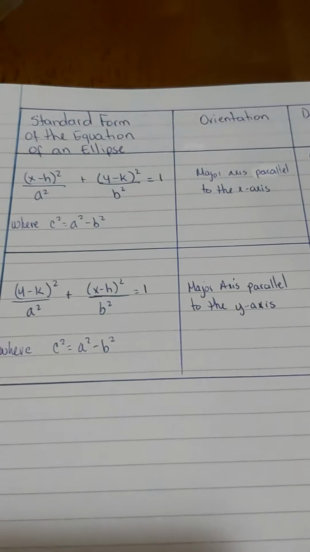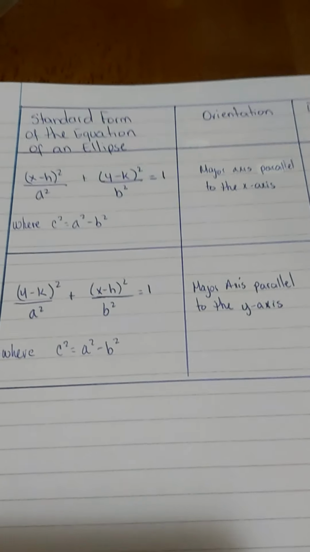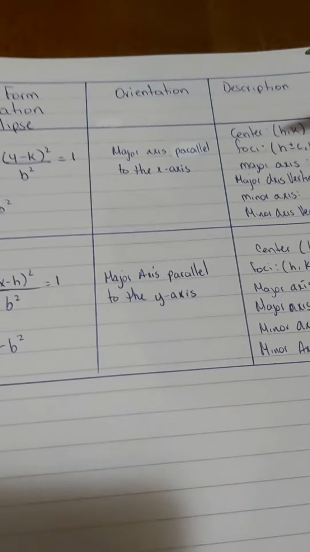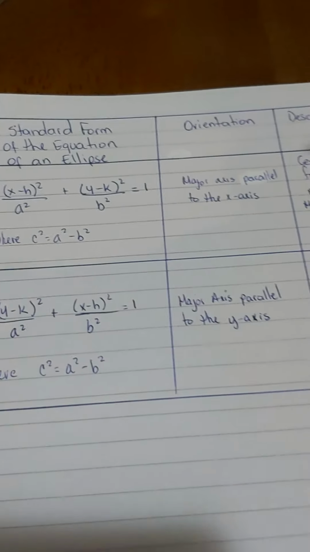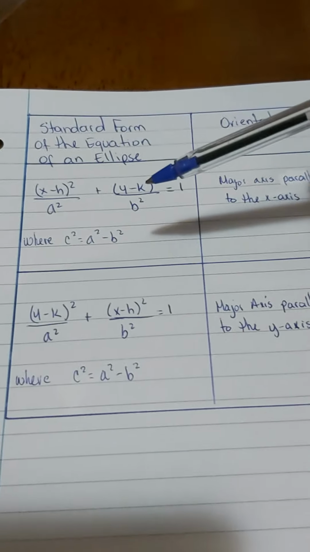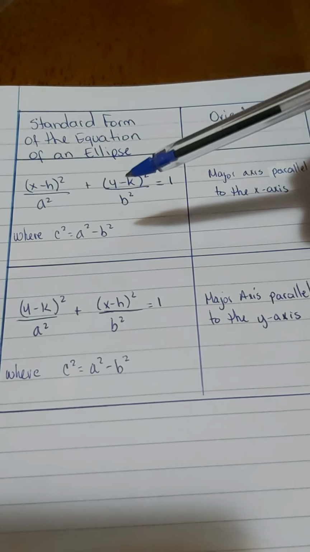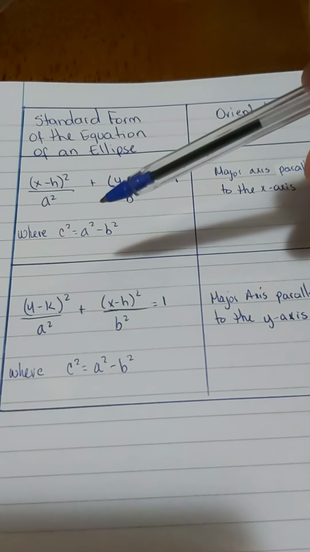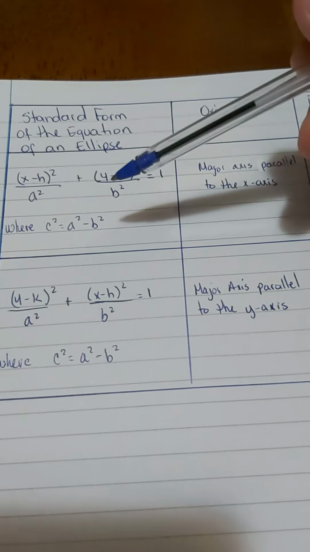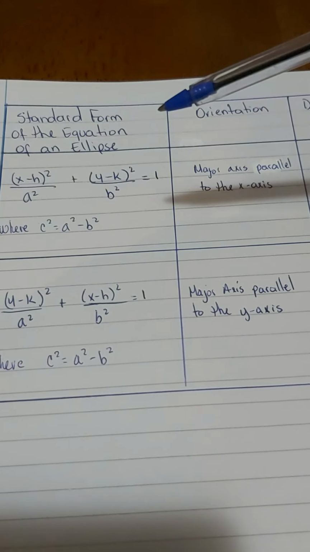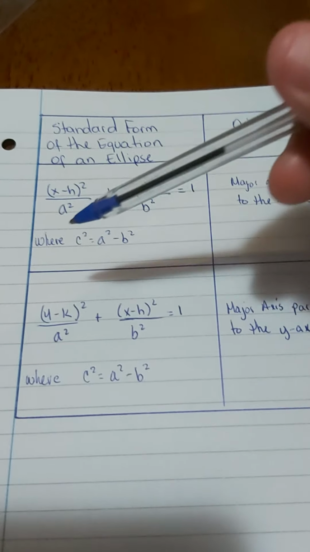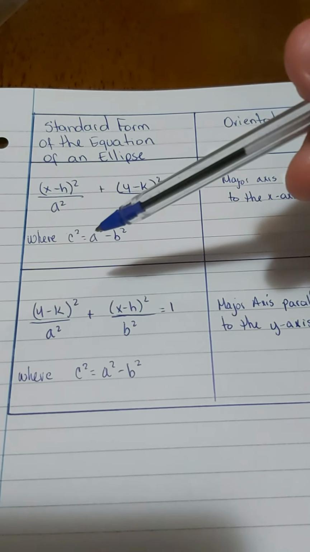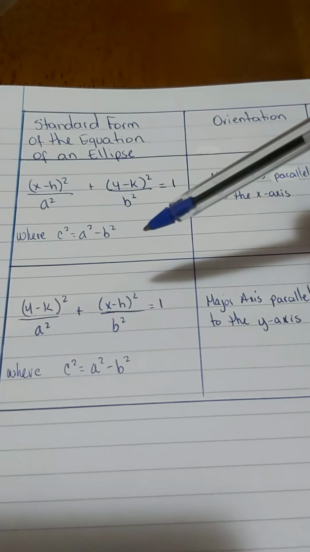Standard form of the equation of an ellipse, the orientation of the ellipse, and the description. Notice: (x minus h) squared over a squared plus (y minus k) squared over b squared equals 1, where c squared is equal to a squared minus b squared.